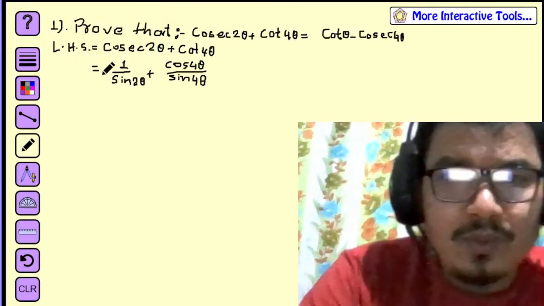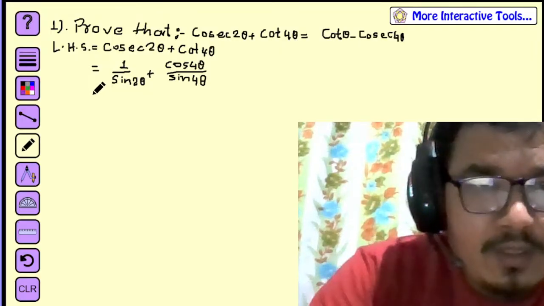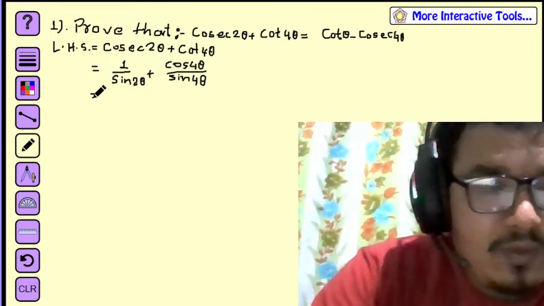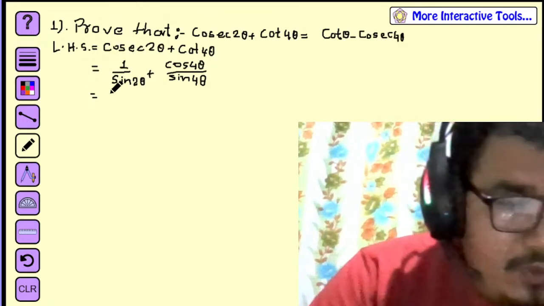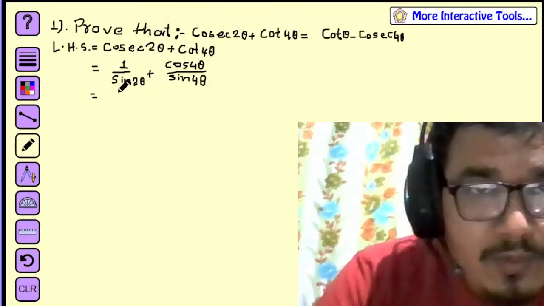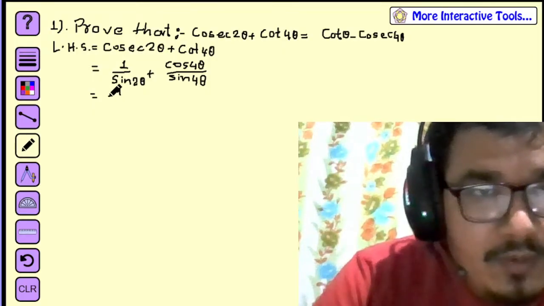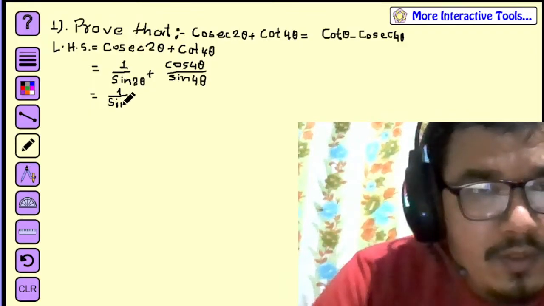And we use this formula here. Then now equals to, look here, this first term same to same, 1 by sine 2 theta.